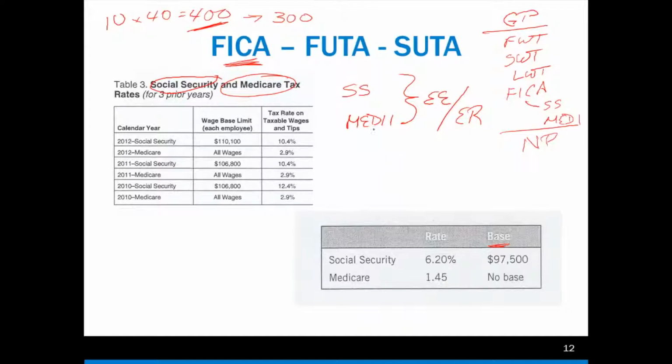So when you have your gross pay and you come down here to Social Security, you have to ask how much of this paycheck we are going to apply this 6.2% to, and how much we are going to apply this 1.45% to. When you deduct that, you end up with your net pay.